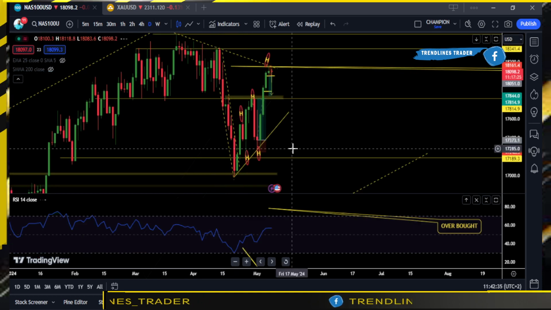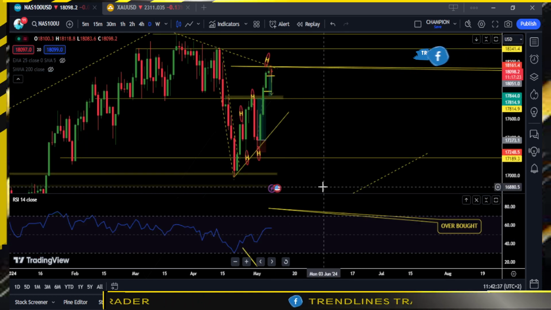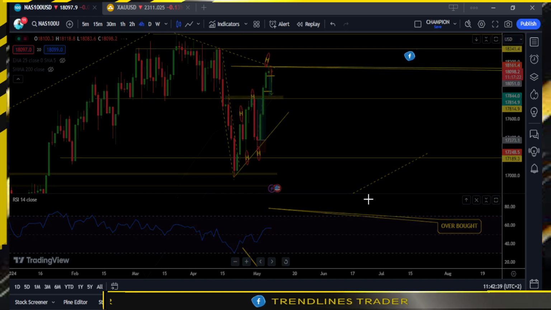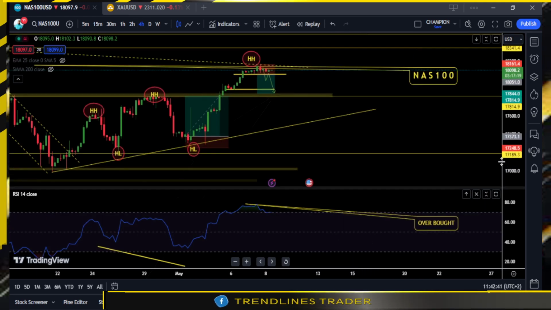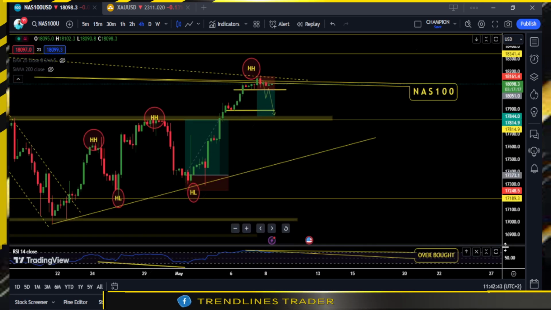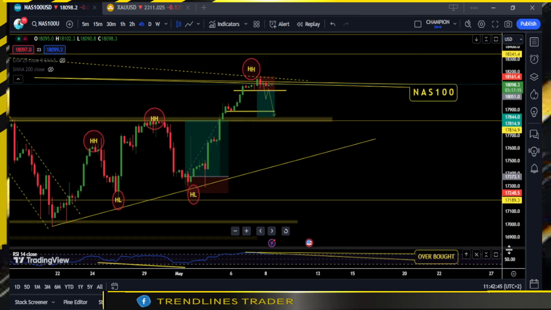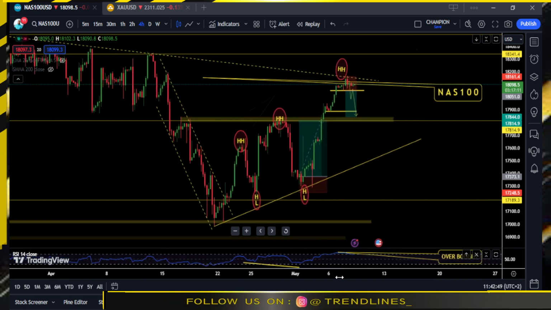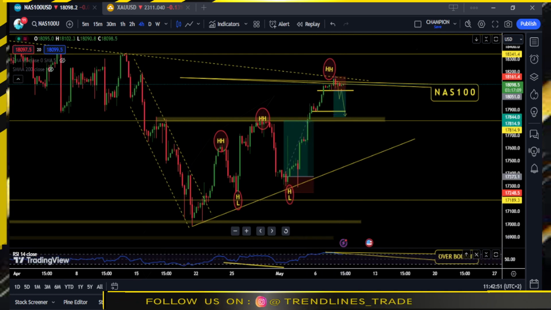Let's start with our daily time frame. Ladies and gentlemen, just yesterday, I was expecting the price to push towards the downside.